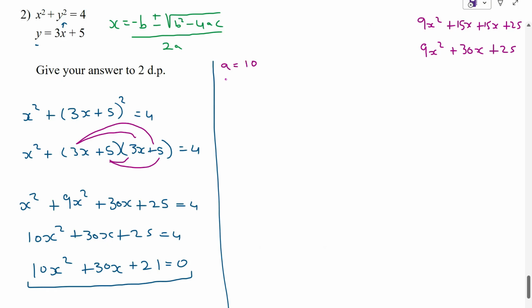A equals 10, B equals 30, and C equals 21.